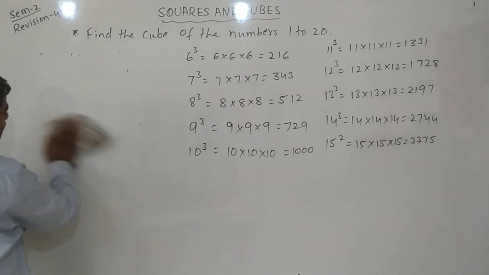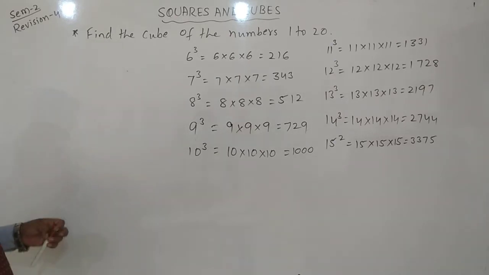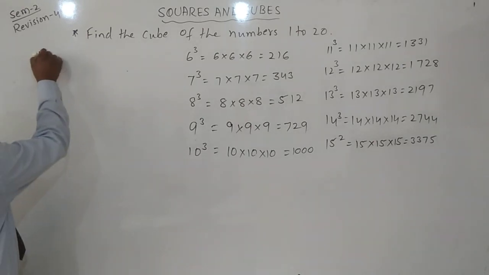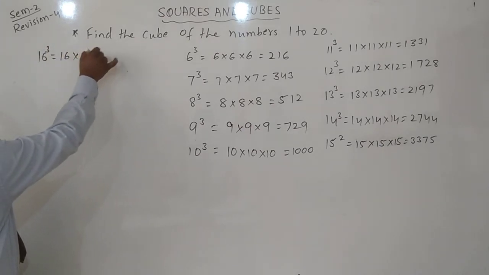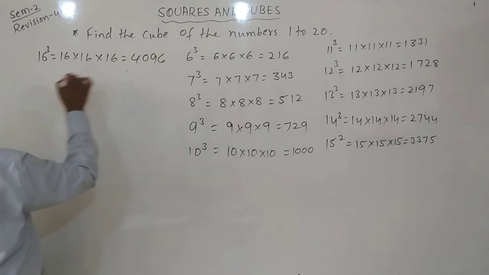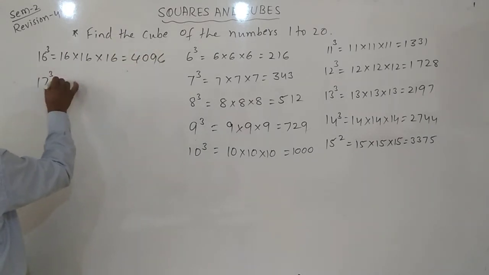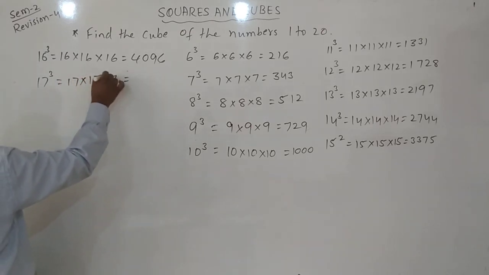16 cube we will write. 16 cube, 16 into 16 into 16, 4096. 17 cube, 17 into 17 into 17.